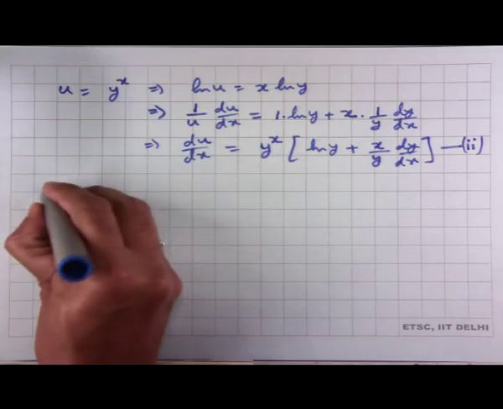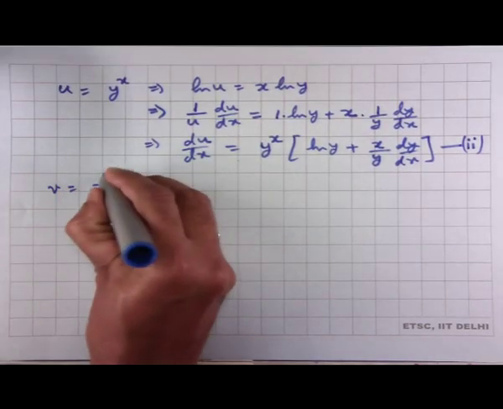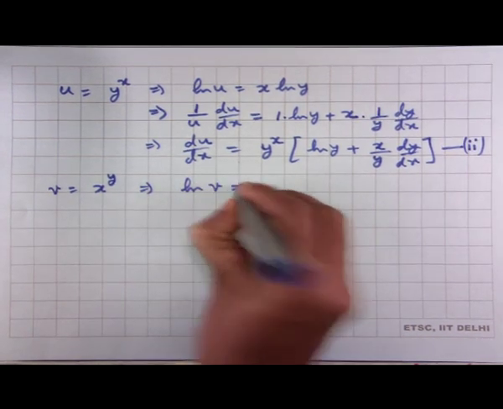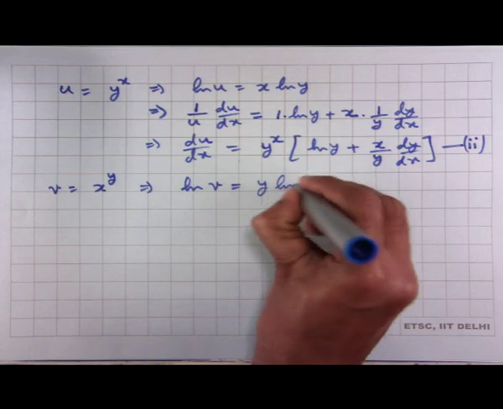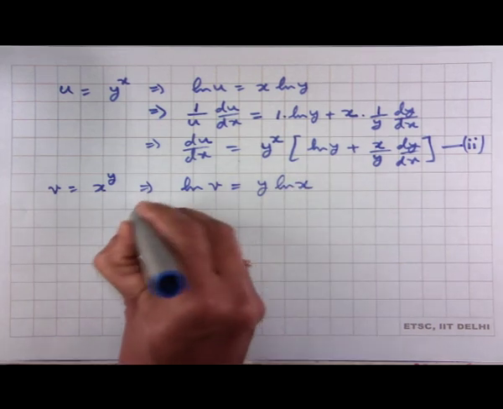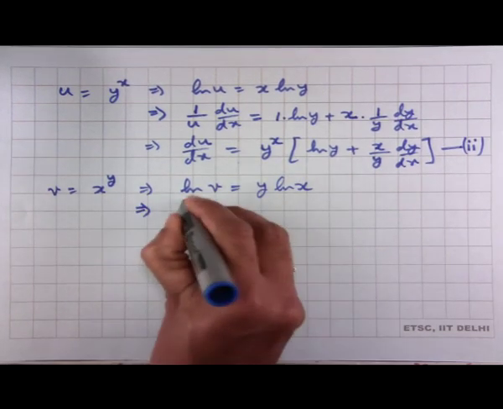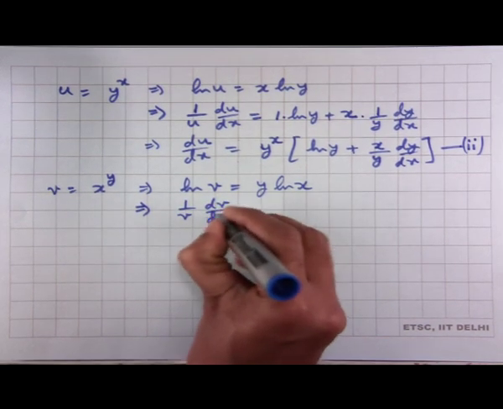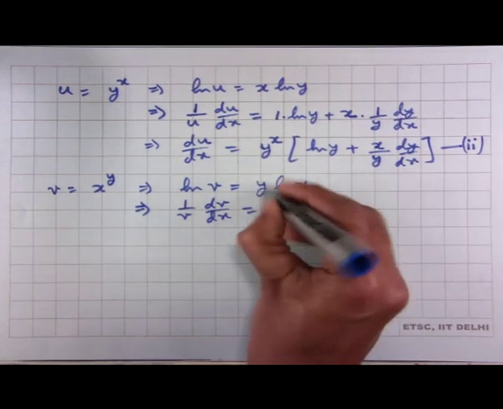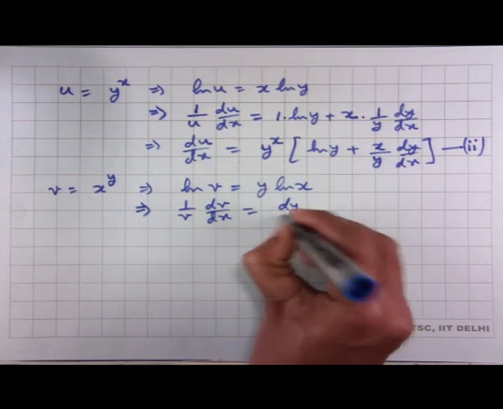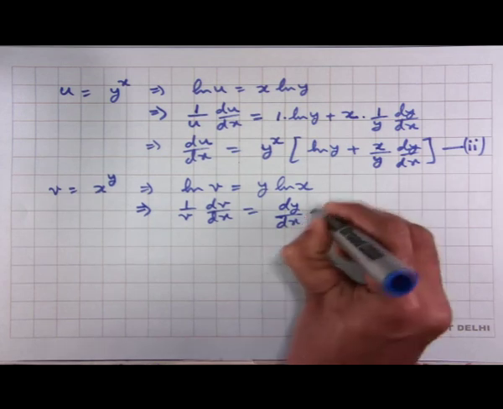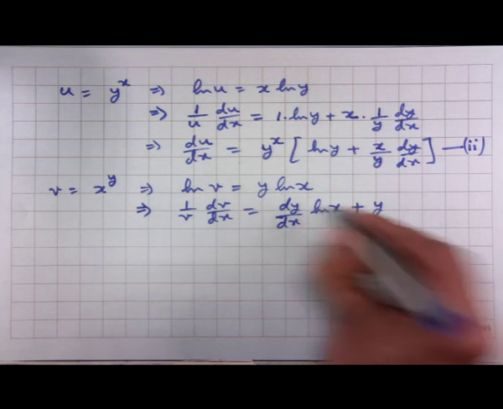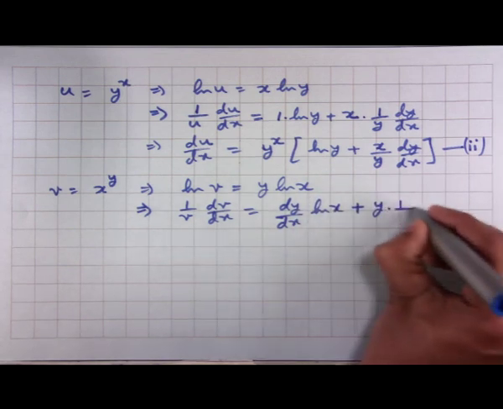So, since v is equal to x to the y, ln of v is equal to y ln x, and now we differentiate this to get 1 by v dv dx is equal to, the first term here is y, so dy dx times ln x plus the first term times the derivative of the second term, ln x, which gives 1 by x.